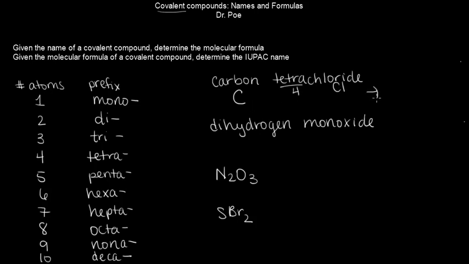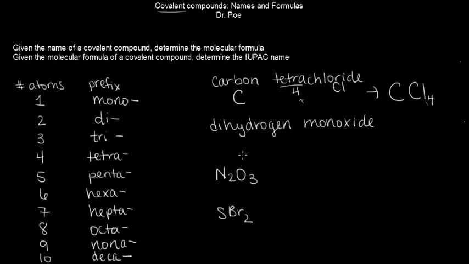So how do we put this together to make a formula? Well, the number is always going to be a subscript. So C, we know there's 1, we don't have to write 1. Cl, and then this little number right after as a subscript, that tells us the number of atoms. So that's it. We know we have 1 carbon because it says carbon. Tetrachloride, there's 4 chlorides.